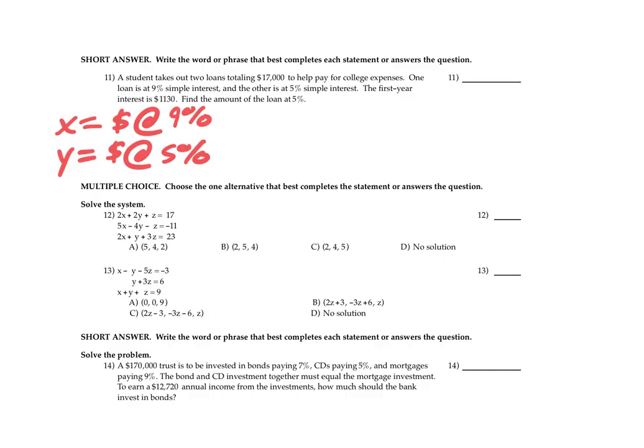Okay, total loan borrowed is $17,000. So this student has borrowed $17,000 from these two banks or lending institutions for college expenses. So that's my total amount.